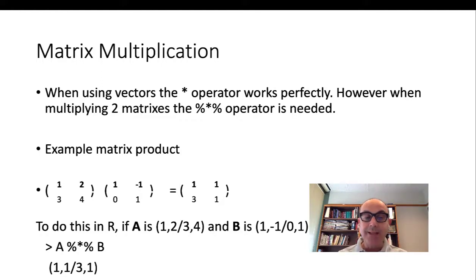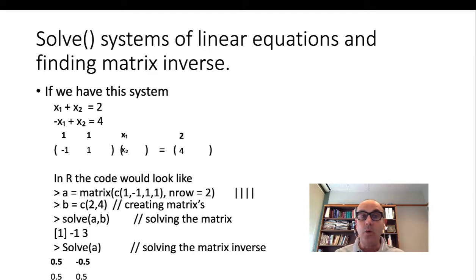So in this case, if we have to do that in R, we are using the container of 1 and 2 divided by 3 and 4, and B is 1 and minus 1 and 0 and k. And so the code in that sense will be applied as percentage multiplied percentage, A multiplied by B, in order for us to get this type of matrix, in order for us to understand what we do.